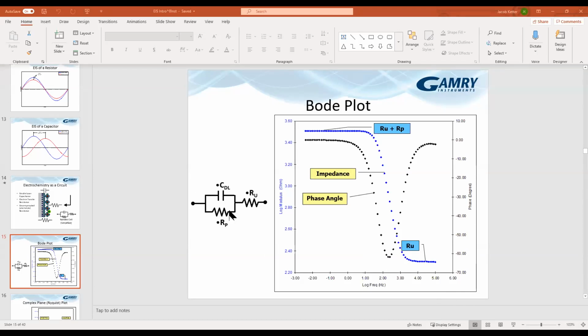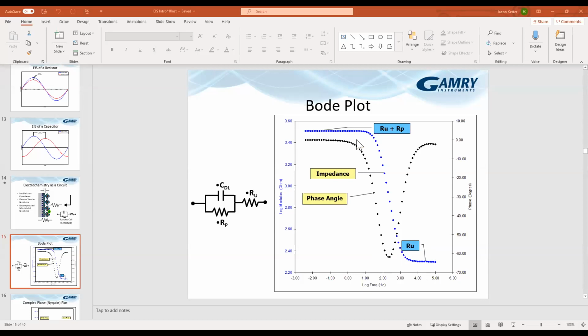So the impedance of this doesn't go away, but once it gets a lot smaller than this RU value, it doesn't measure anymore, because if you add 1 plus 1 times 10 to the minus 6, you get 1. That 10 to the minus 6 is not even within the noise of that type of system.